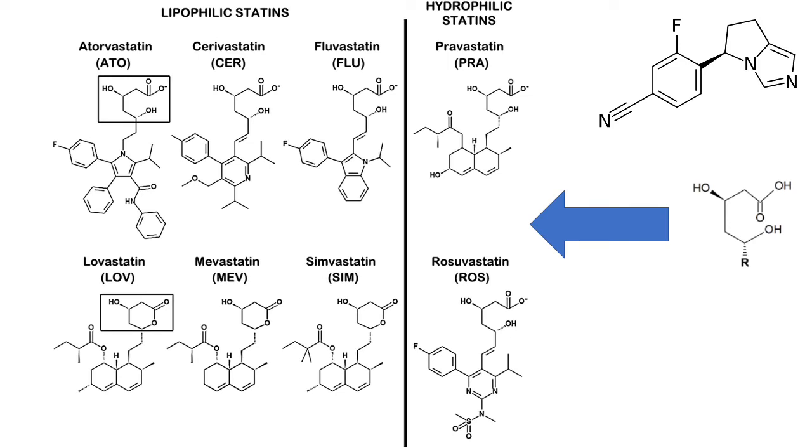For example, the small structure to the right shows the minimal requirements for the effect of a hypercholesterolemia drug, or a drug that lowers cholesterol levels. And with modifications added to this compound, we produced lots of statins.